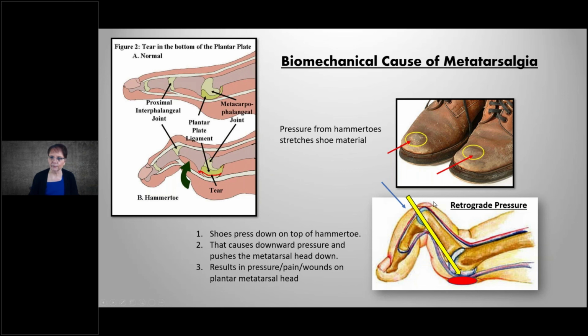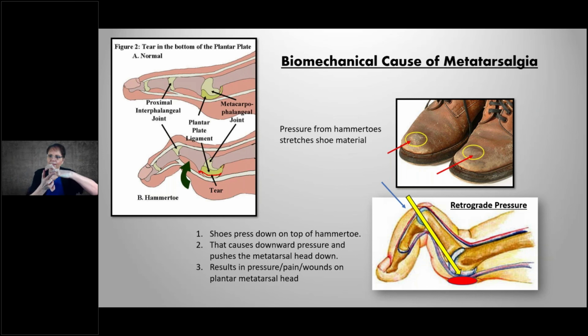What happens? So when that's up in the air like that, and it's hitting the shoe on the top, the shoe is pushing down on that toe. Well, it's pushing down on two places. It's pushing down on the tip of the toe, but it's also pushing down on the longer part of the toe, the proximal phalanx.